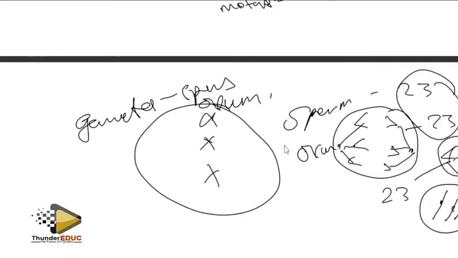Meiosis takes place in the testis in humans, and in the ovary, that is female. Anthers in plants, that is male, and the ovary, that is female, in the case of plants. You have to know those things.